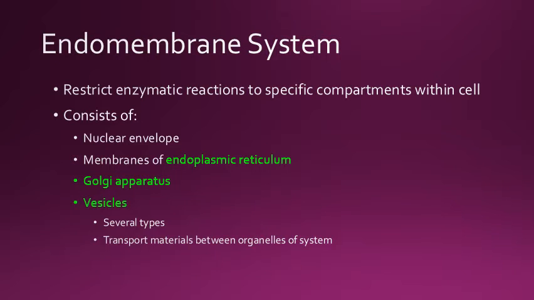So the endomembrane system restricts enzymatic reactions to specific compartments within the cell. This consists of these organelles. Within the vesicles, several types are used, and they transport materials between organelles of the system.